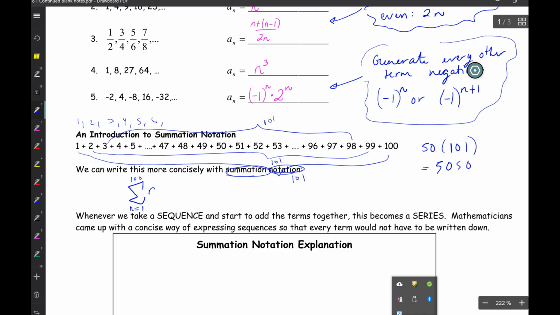So what was represented by what Frederick Gauss did looks like this in summation notation, where you start adding the numbers from 1 to 100, and you plug it into this formula. So this is the formula that makes each term. I always say generates. I don't know if that's weird, but the formula for each term.